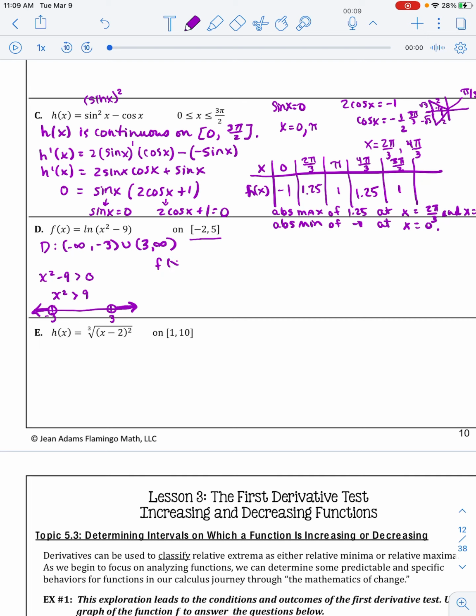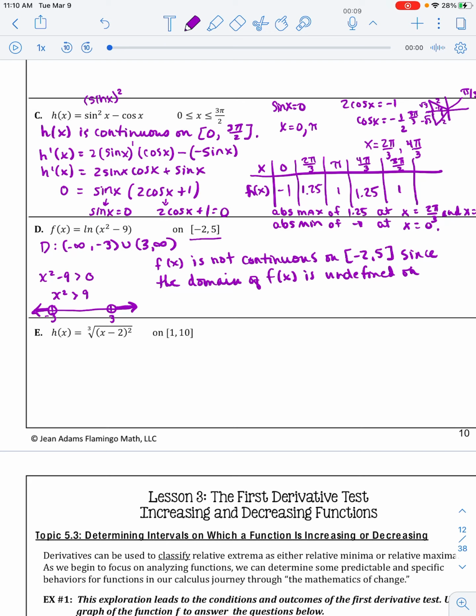So f of x is not continuous on [-2, 5], since the domain of f of x is undefined on (-3, 3).